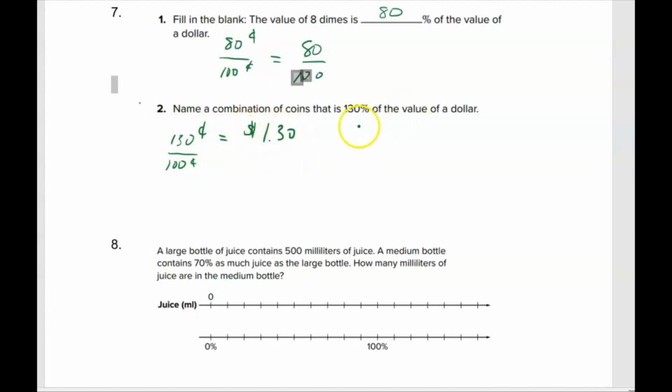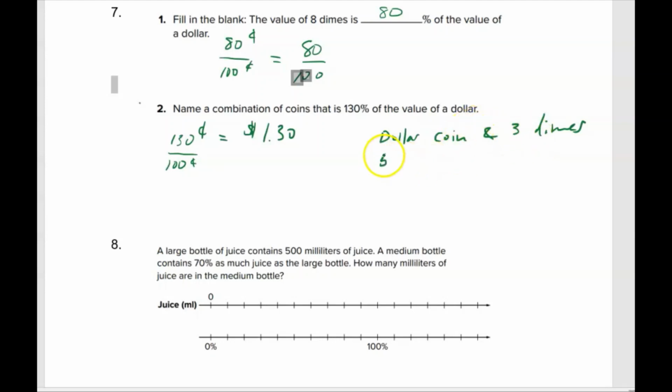Okay, so you could say something like, oh, maybe you said a dollar coin. If you've ever seen those cool gold dollar coins, and that'd be a dollar, and then 3 dimes. All right, that'd be $1.30.